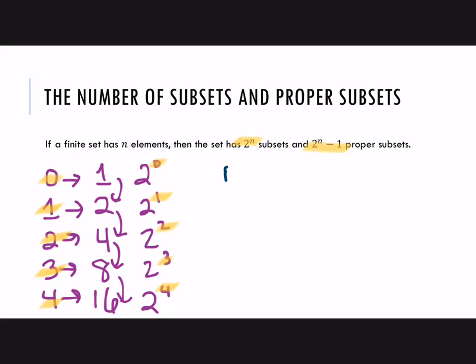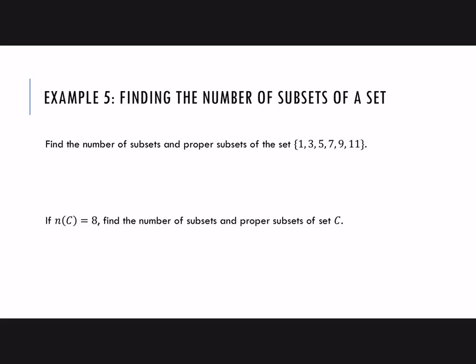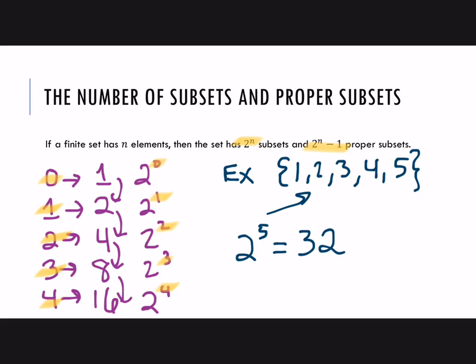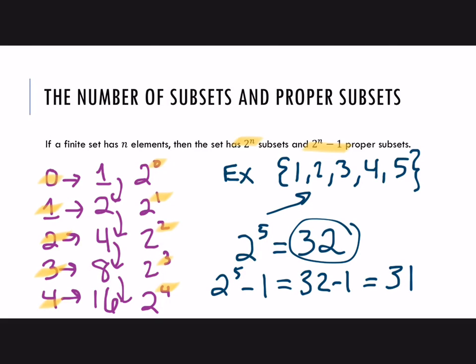For example, if we had the set 1, 2, 3, 4, 5, I no longer need to list out all of the subsets to figure this out. I would simply count and see that the cardinality of this set is 5. So it has 5 elements, so there are 2 to the 5th, or 32 subsets, and then 2 to the 5th minus 1, or 32 minus 1, or 31 proper subsets.